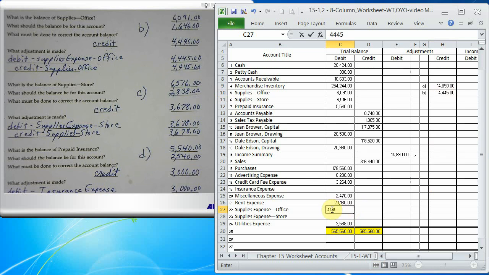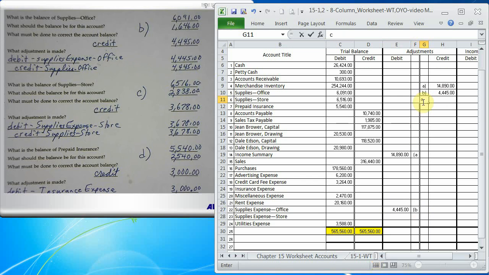Oh, wrong column. Better put it in the right column, otherwise it'll really mess this up. And this is B. Now we go to the next one, C, supplies store.